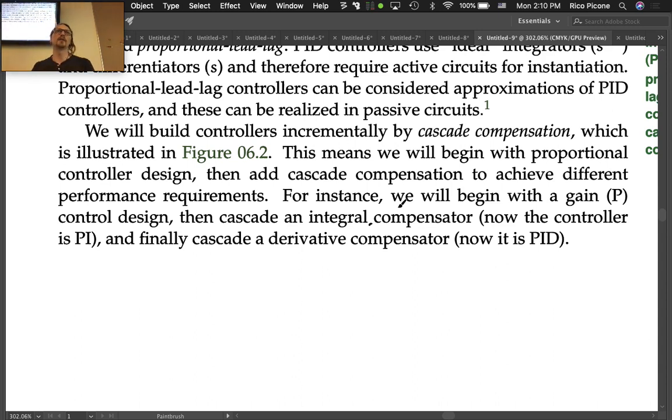Okay, get some better transient response characteristics usually. Sometimes it'll also be there for just stability as well. If a root locus doesn't go to the left half plane, then you can use a derivative compensator to move it there. So, but integral is focused on steady state error. Derivatives focus on transient or stability. Okay? All right.